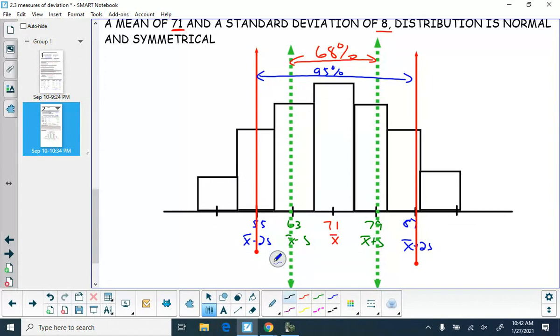Then if we go one more standard deviation, that would take us to 47 and 95. 99.7% of the data will lie between those 3 values.